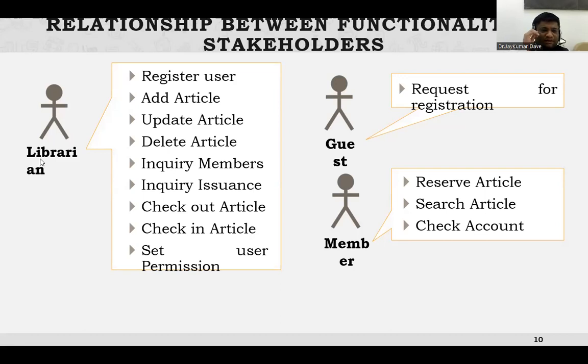So let me take the librarian as an example of an actor. He or she will be able to register, add article, update article, delete article, inquire member, inquire issuance, then check out article, check in article, and set user permission. Similarly, the guest can request for registration, and members will be able to reserve the article, search for the article, and check out.